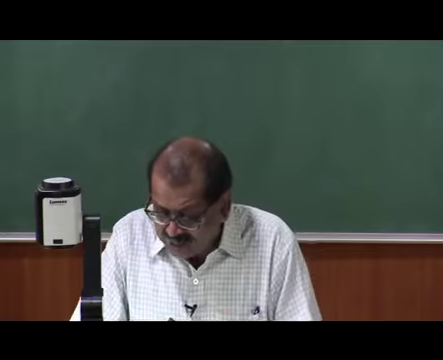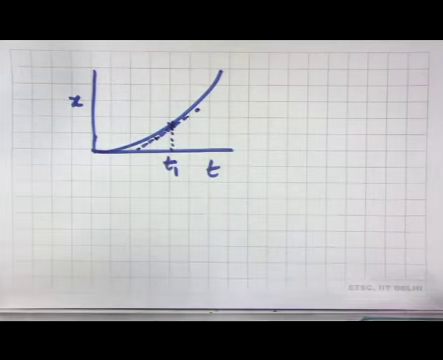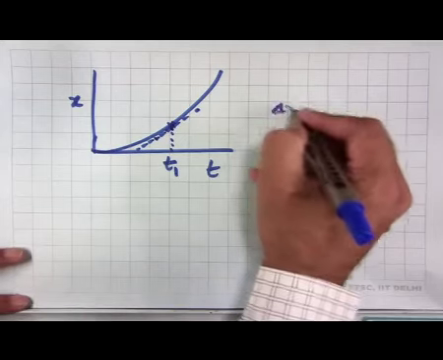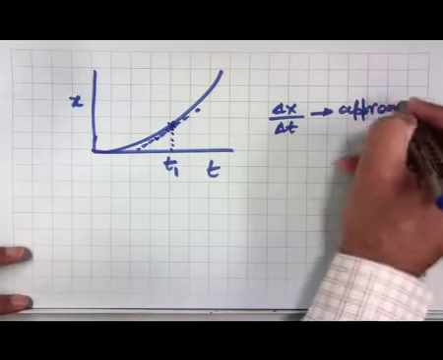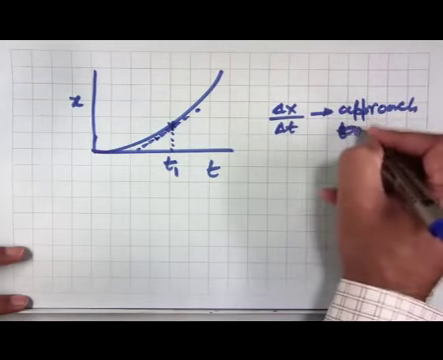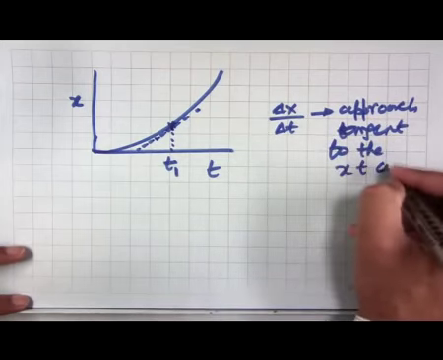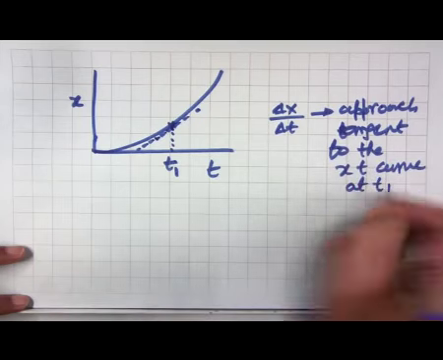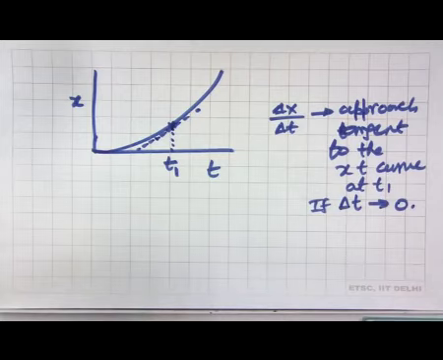When the gap in time approaches 0, the delta x by delta t will approach the slope of the tangent to the xt curve at t1. Therefore, the slope of the xt curve, or the tangent to the xt curve, gives us the instantaneous velocity.